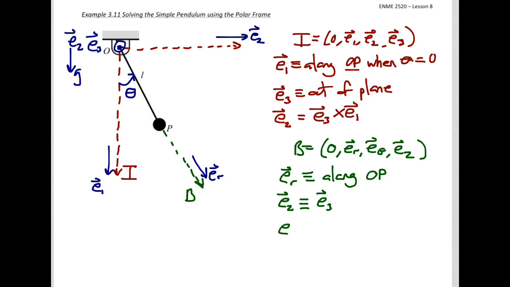And then E sub theta is going to be equal to E sub 3 crossed with E sub r. We said that this now needs to be in the direction of positive theta, and we see that it is here because we have E sub z, rather, crossed with E sub r, and so this is in this direction.